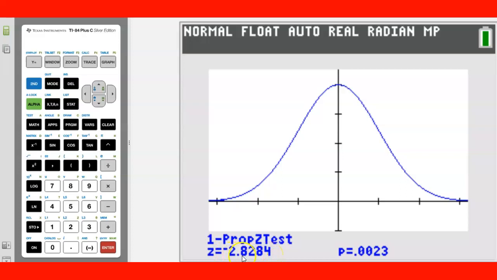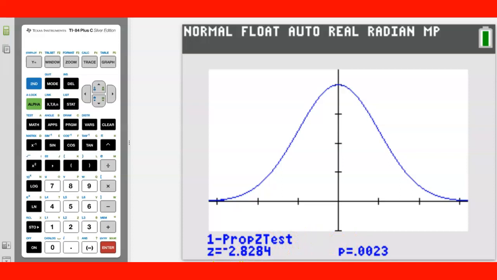That's like negative 2.83. Our guy shot 32 out of 50. That's 64%, which has a z-score, a test statistic, of negative 2.8284. That has a p-value of 0.0023. That's a tiny number. And if the p is low, then we're going to need to reject the null hypothesis.